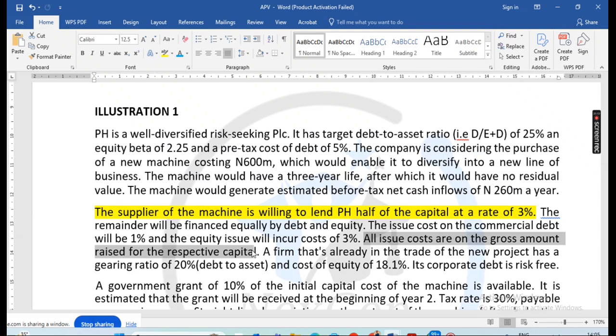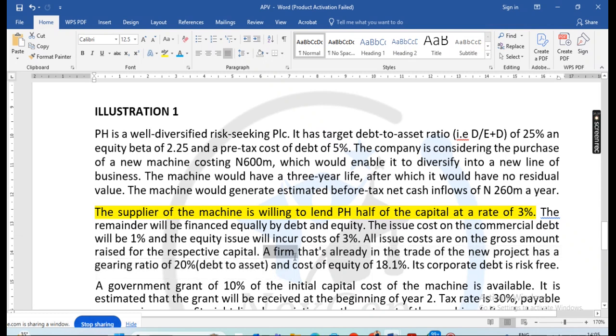Net amount means that we have deducted issue costs. We'll get there. All issue costs are on the gross amount raised for the respective capital.